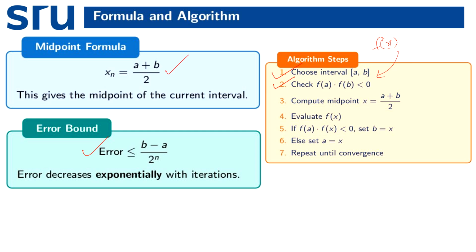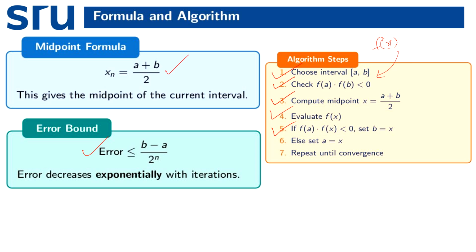In step 3, you compute the midpoint using the formula x equals (a plus b) by 2. In step 4, you evaluate the value of the function at the point x, which is the midpoint. Now check the sign of f of a into f of x.